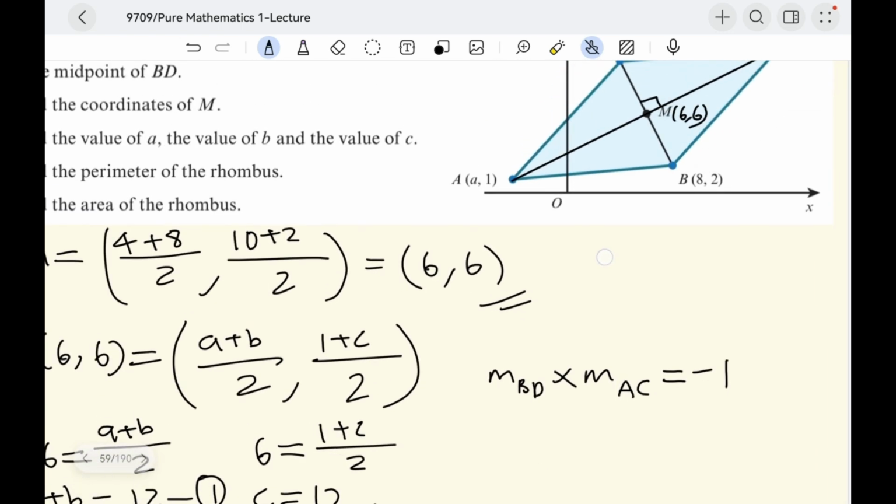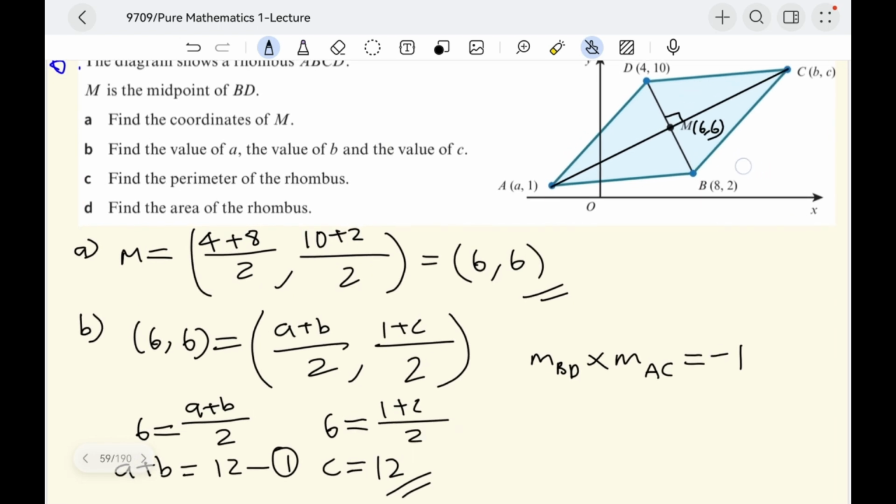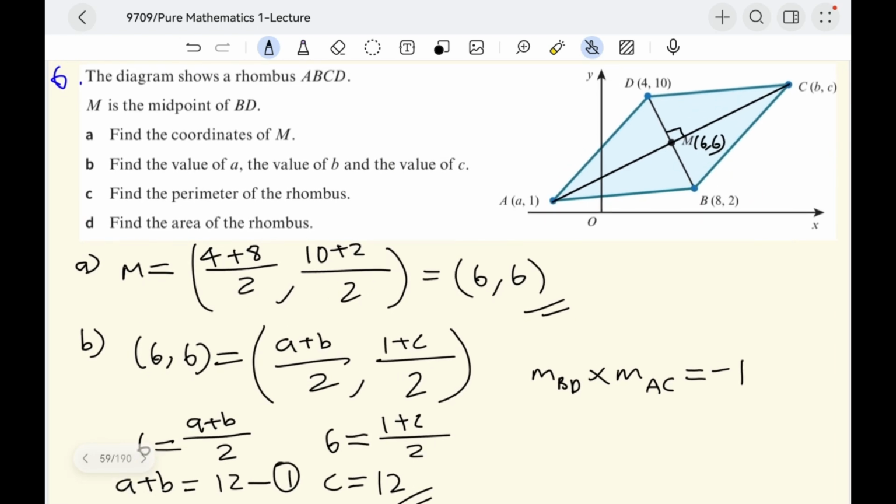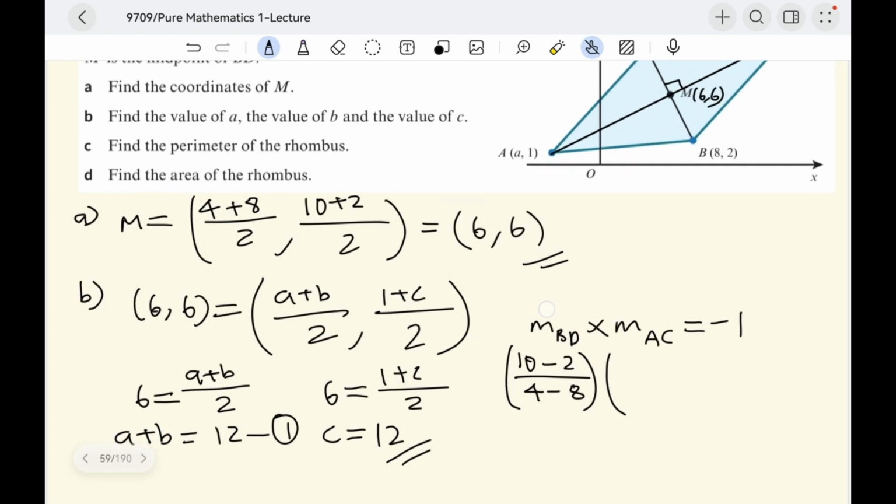So for the BD, I have 10 minus 2 and 4 minus 8 times what is AC. So you have obtained the C, which is 12.